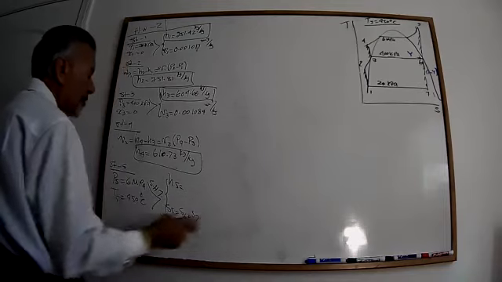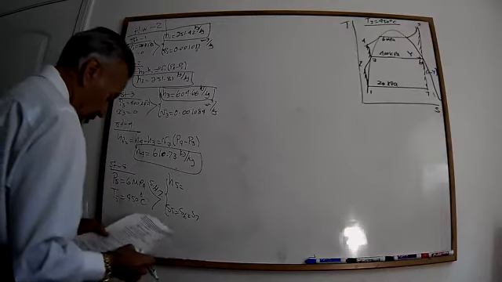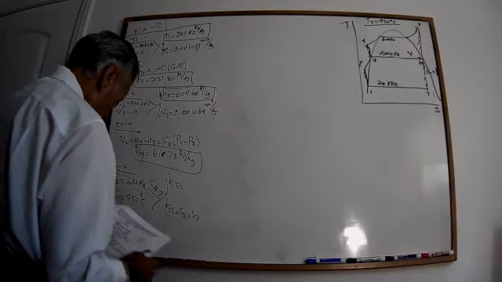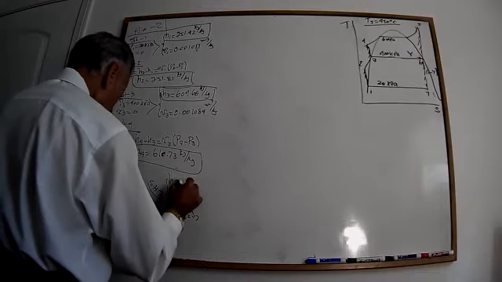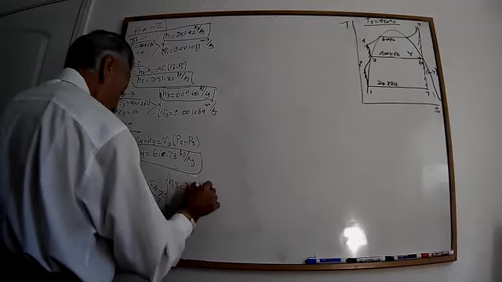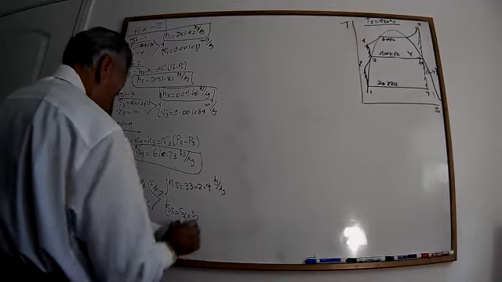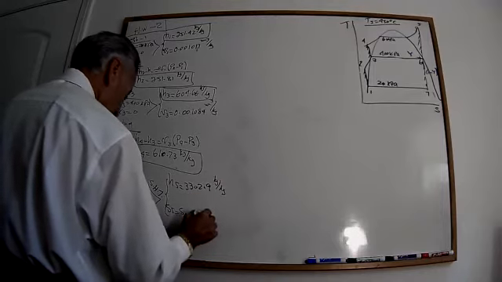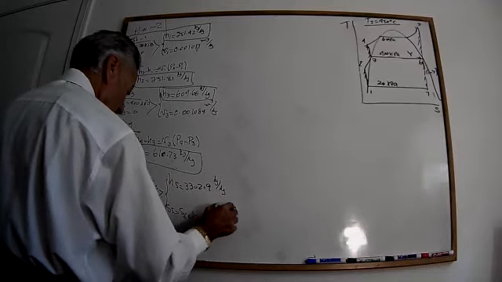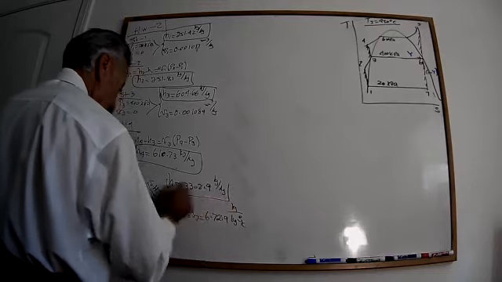They're all on the same isentropic line. So the value of H5 at this point would be 3302.9 kilojoule per kilogram, and S5 would be 6.7219 kilojoule per kilogram Kelvin.